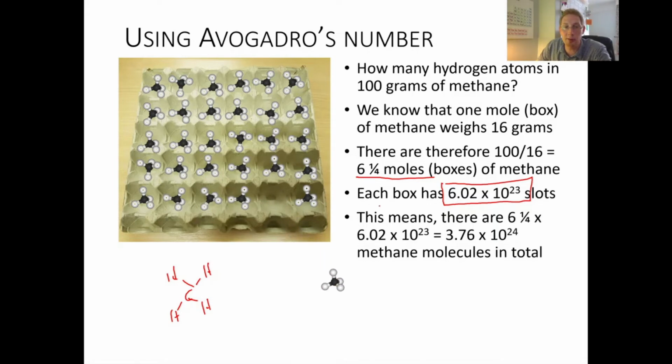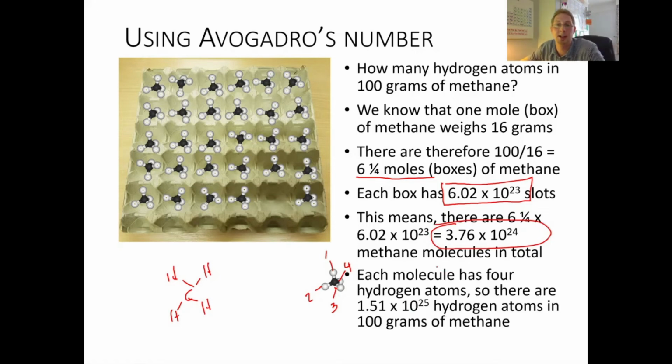If we look at one methane molecule down here, we can see that there are 1, 2, 3, 4 hydrogen atoms. So if there's that number, 3.76 times 10 to the 24 molecules, times that by 4, and we get the number of hydrogen atoms in 100 grams of methane.